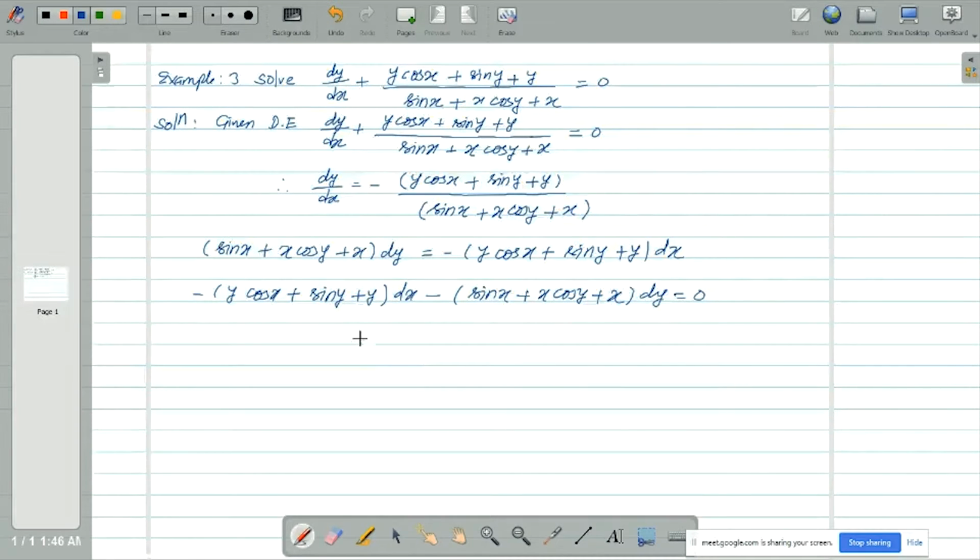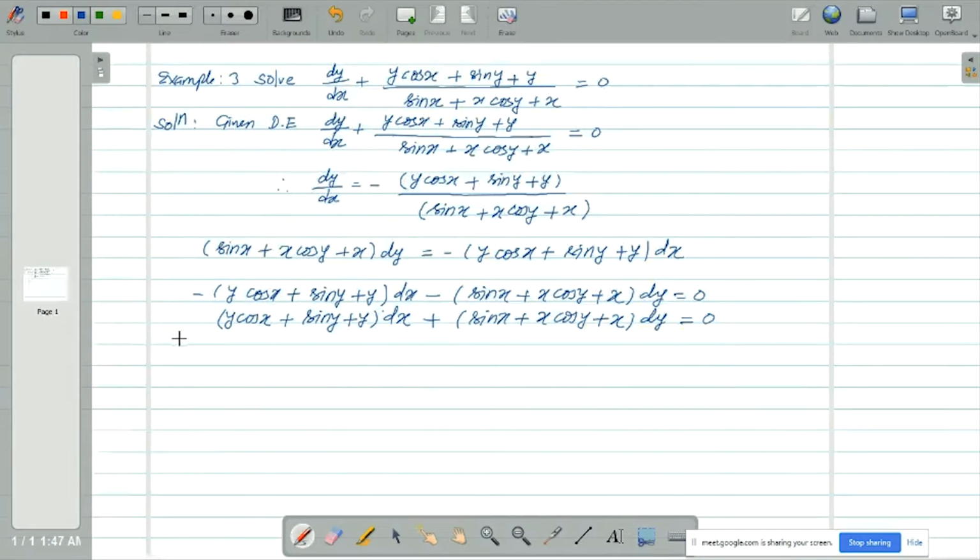Now I am multiplying the minus sign on both sides, so this becomes plus: (y cos x + sin y + y) dx + (sin x + x cos y + x) dy = 0.